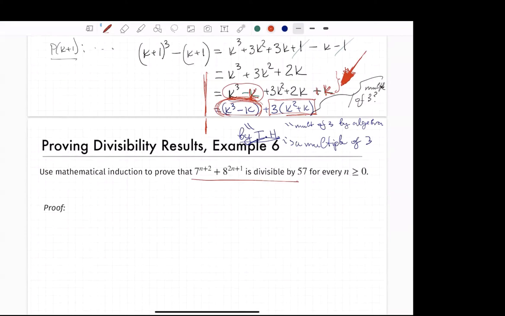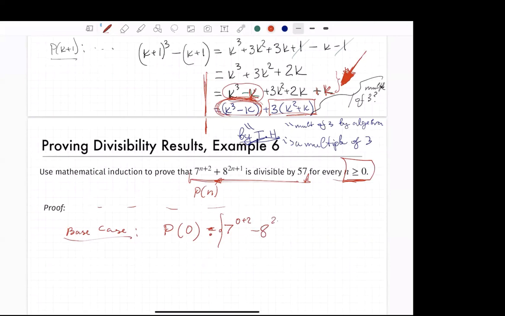So first of all, base case. I'm going to skip a bunch of parts. This is going to be my P of n. This is what I'm trying to prove, that it's divisible by 57 for all of these n's. Base case: P of 0, they want me to start at n equals 0. That's even better. So this is 7 to the 0 plus 2 plus 8 to the 2 times 0 plus 1, which should be divisible by 57.